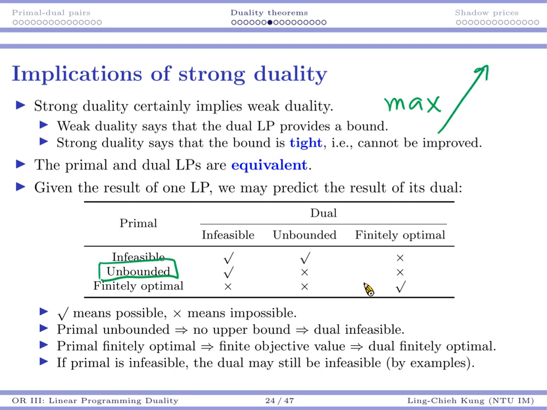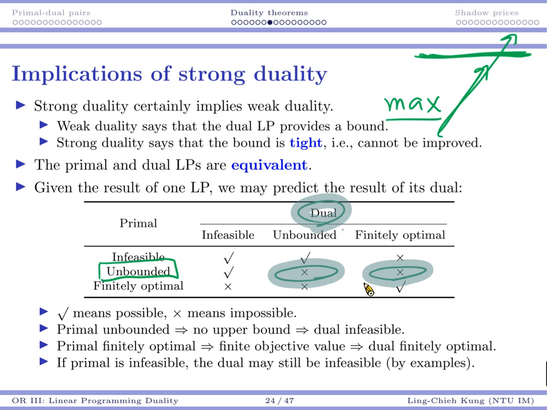If that's the case, there's no way for your dual to have an optimal solution or to have an unbounded situation, okay? In fact, there's no way for your dual to have any feasible solution, because once you have a feasible solution, that provides an upper bound, but your primal has no upper bound. So the only possibility is for your dual to be infeasible.